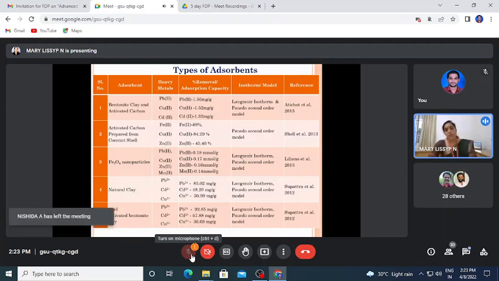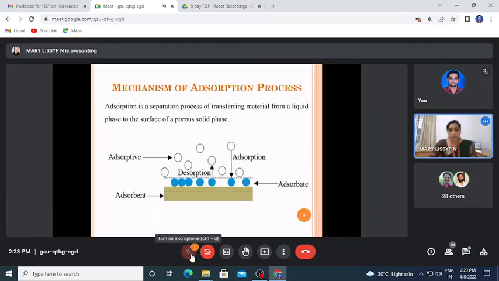And the main part is the isotherm and the model, because we should know which model or which process mechanism has taken place in this adsorption process. We know that in the previous slide, in this mechanism of adsorption process, you can see only one layer. It's a monolayer. This adsorbate, you can see, is only a single layer.